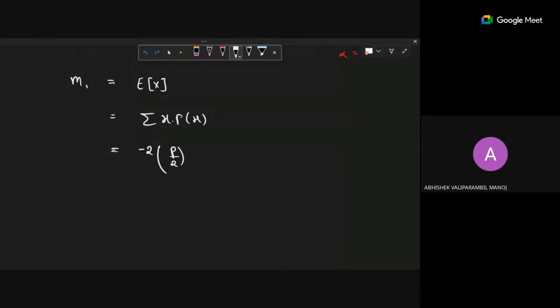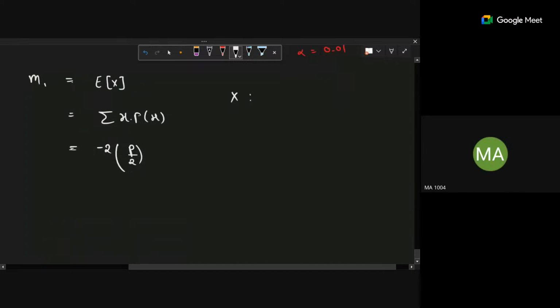The expectation of x is coming -2p plus half.